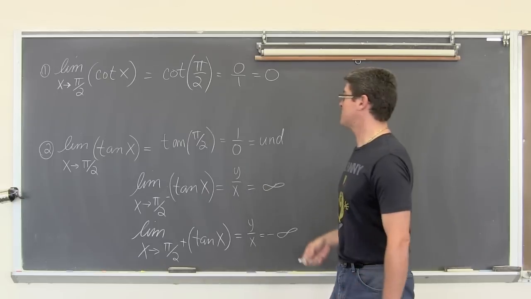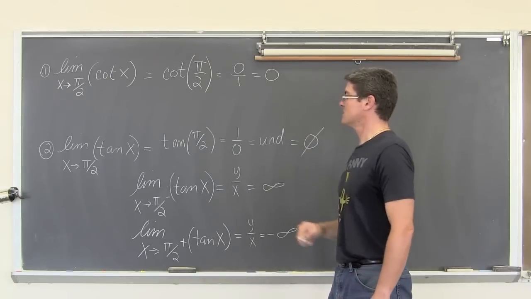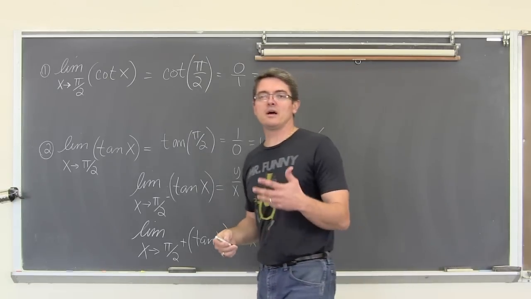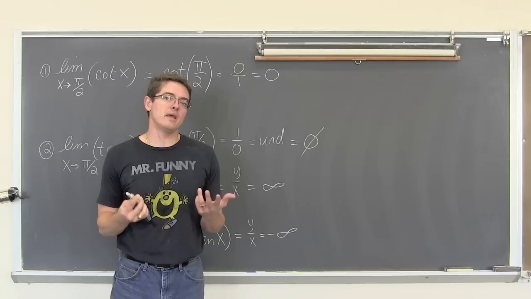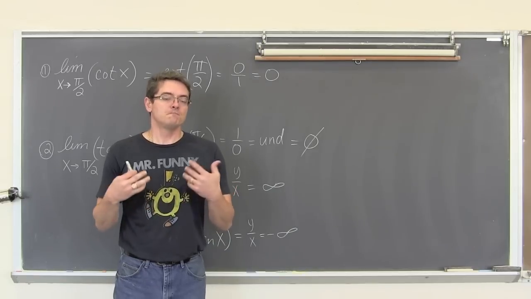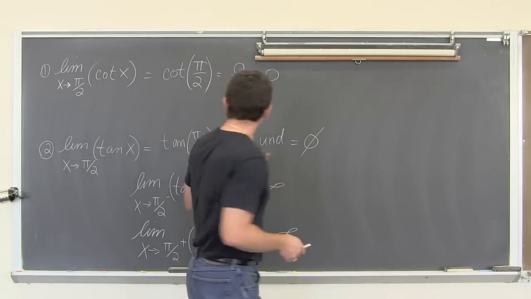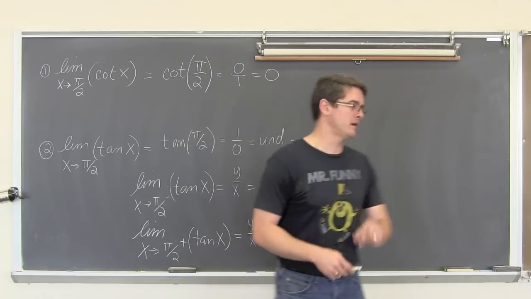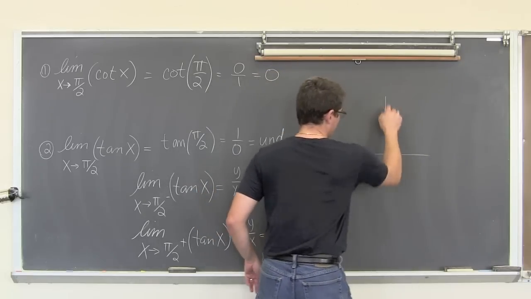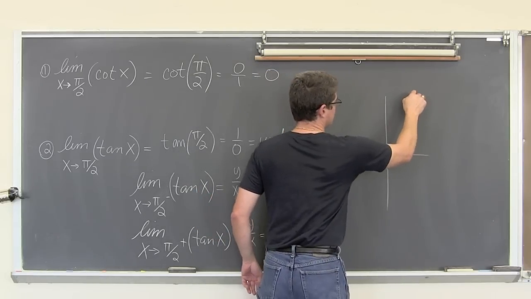Thus, my two-sided limit does not exist. That's why in the previous screen I said, as long as c is within the domain of the trig function, then all you have to do is plug in c. Well, pi over 2 is not in the domain of tangent of x, and so that's why we're not getting an answer.